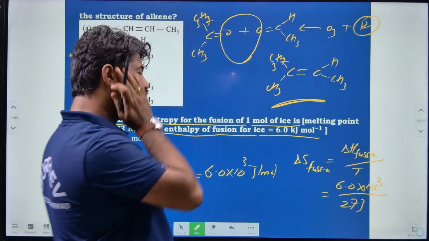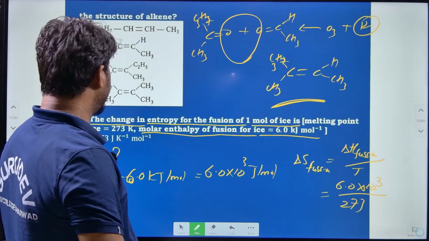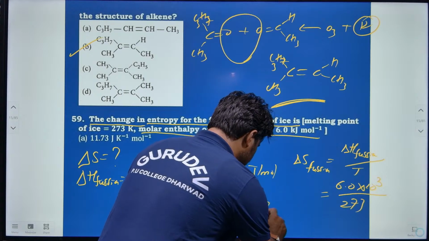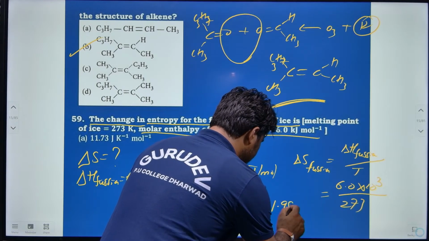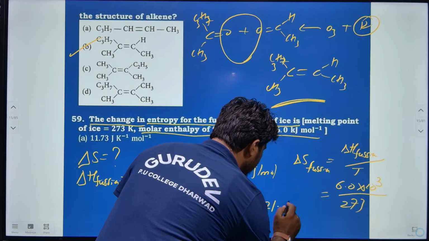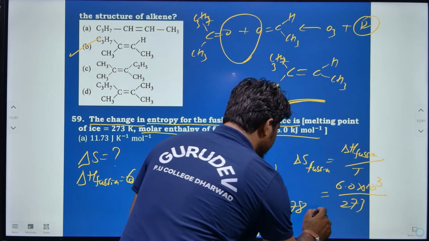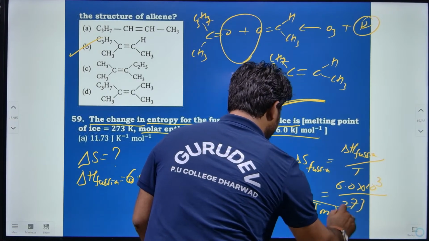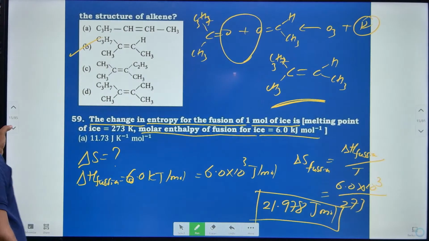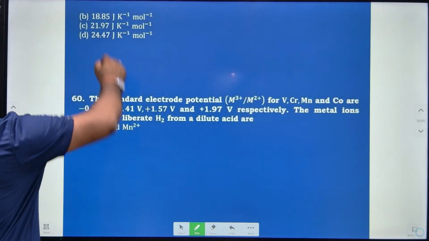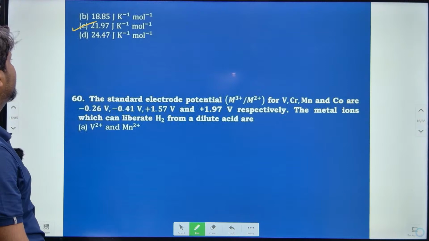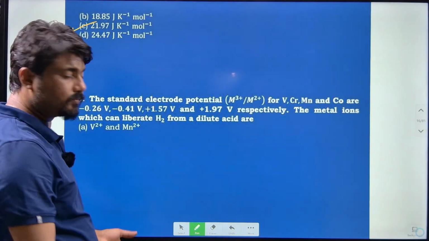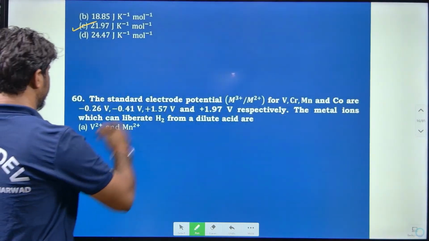So 6.0 divided by 273 into 10 to the power of 3, on simplification, I am going to get 21.978 joule per mole. This is the entropy I am going to get. So 21.98 is present in option C, and option C is the right answer for the question here. Well, go to the next question, question number 60.